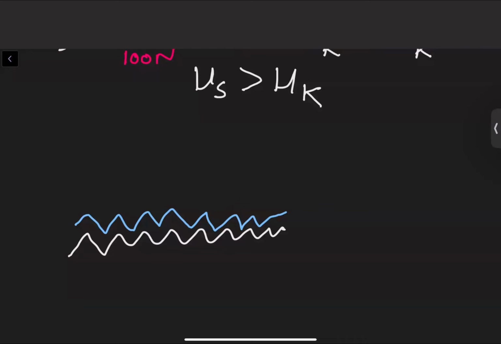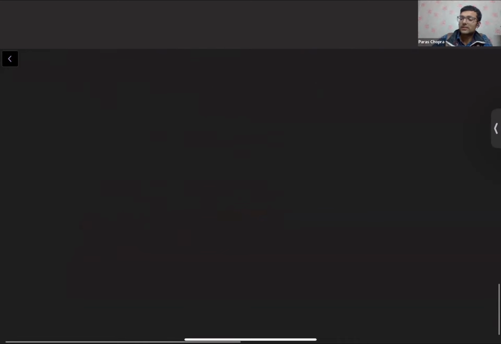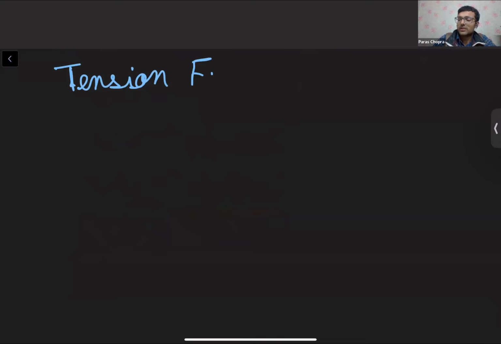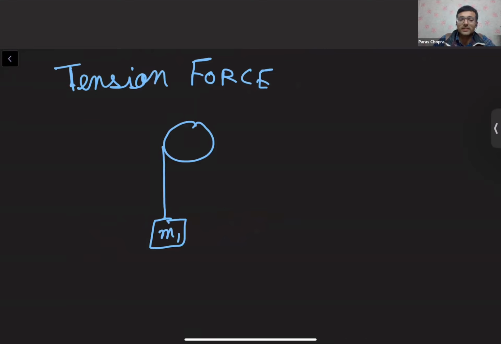Okay, so then the next kind of force that we study is the tension force. So in these types of problems, you have pulleys. One end of the pulley is hanging with some mass m1.